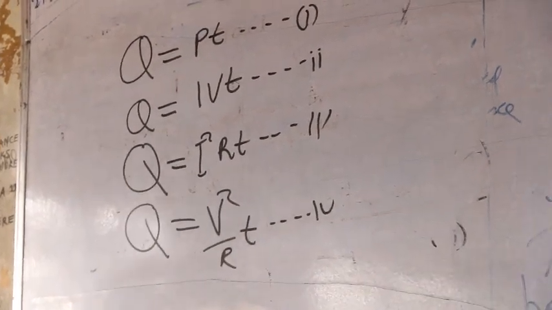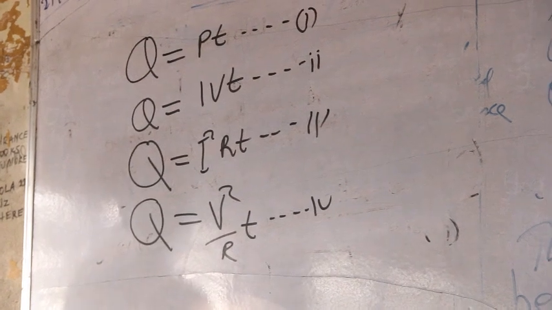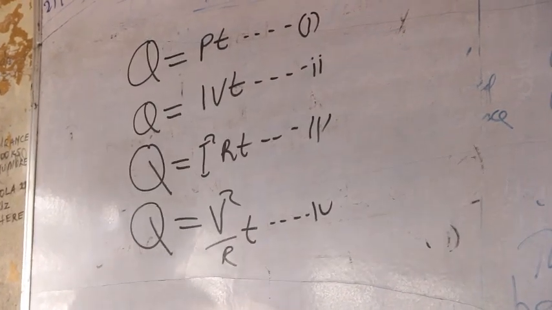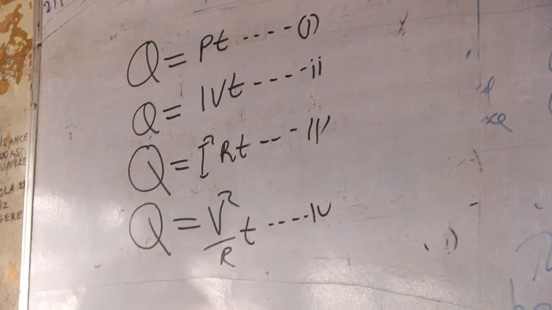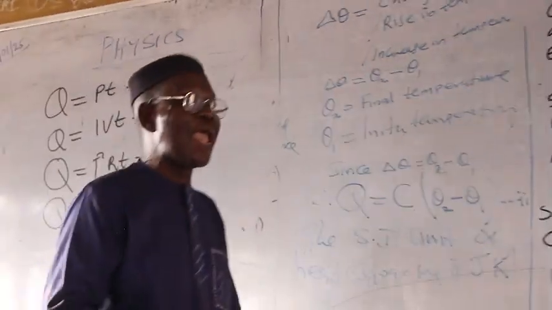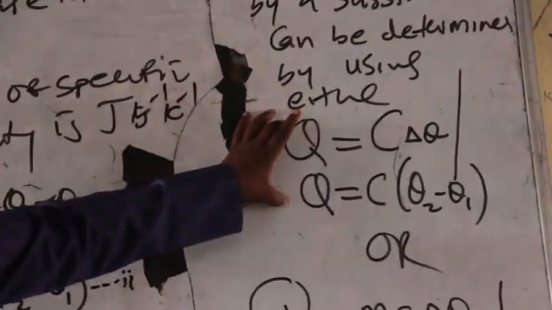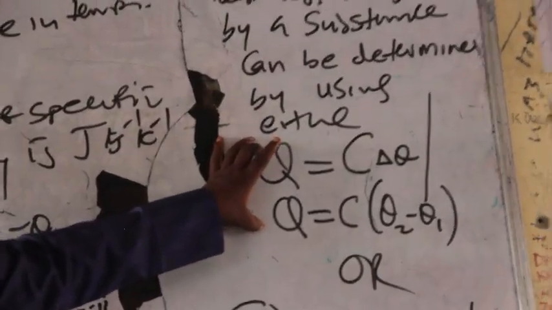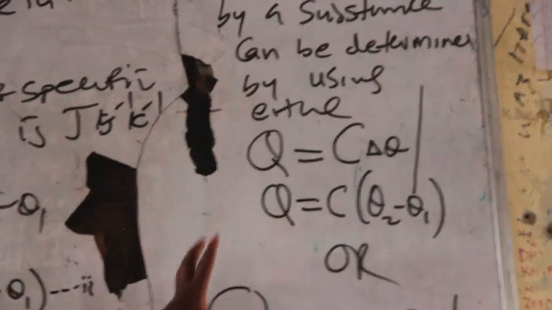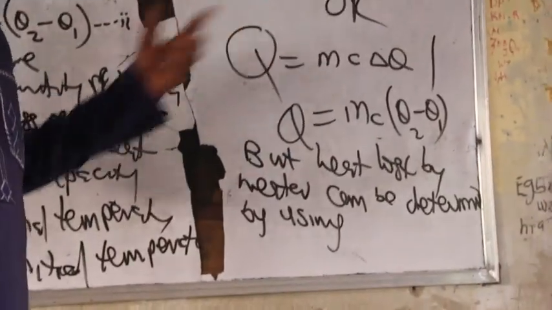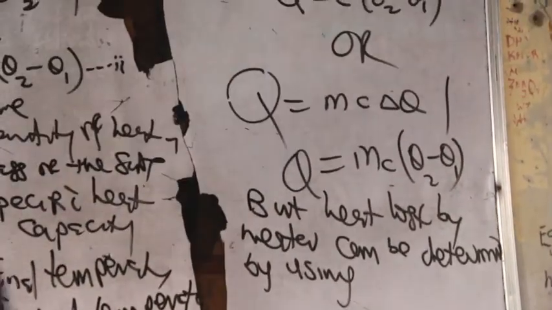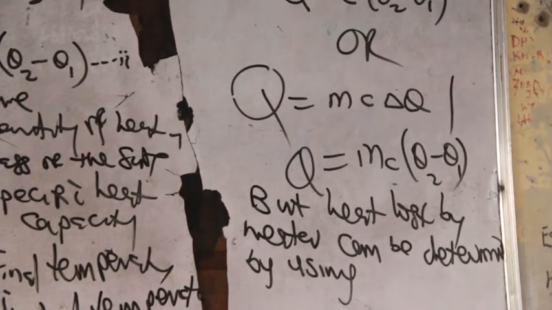So heat loss by a heater can be determined by using any of the following expressions. But heat loss or gain by a substance can be determined by this. If thermal capacity is given, we use this. If specific heat capacity is known, we use this. Any of these will give us heat loss or gain by any substance.